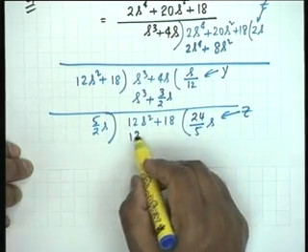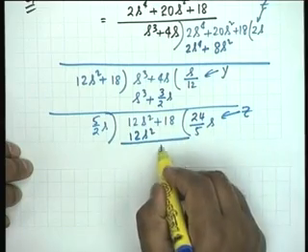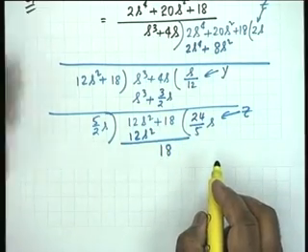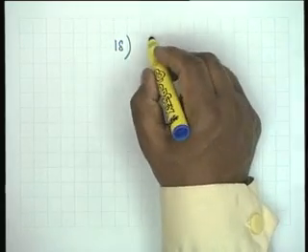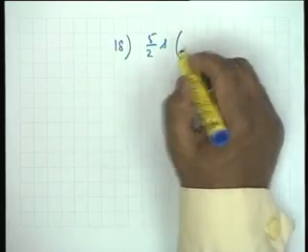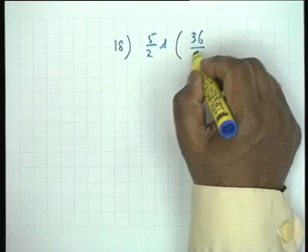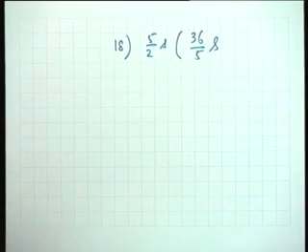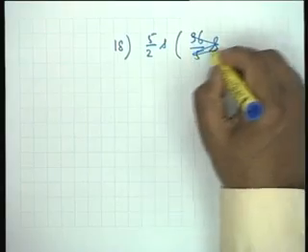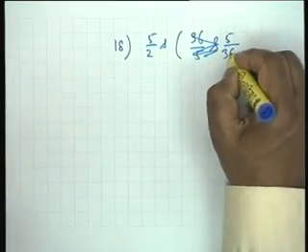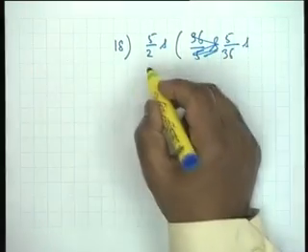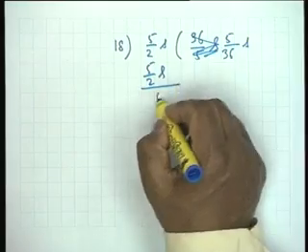Yes, it seems okay. 12s squared, the remainder is 18, and all that you have to do now is 18 divided by 5 by 2s, so you get 36 by 5s. I hope I am right. Oh, 5s by 36, and 5 by 2s, and 0.